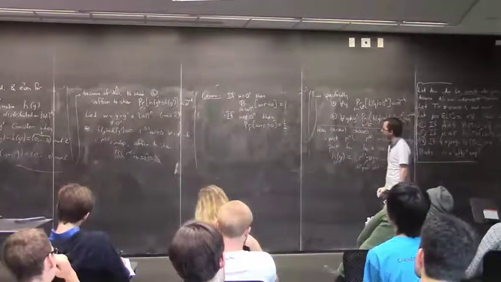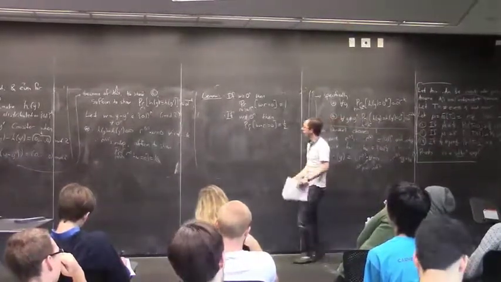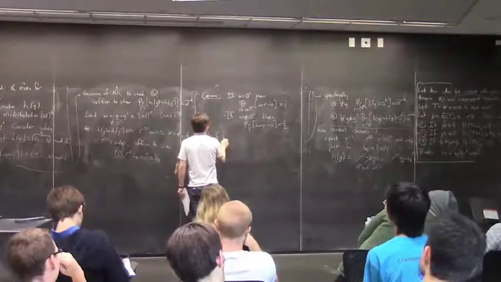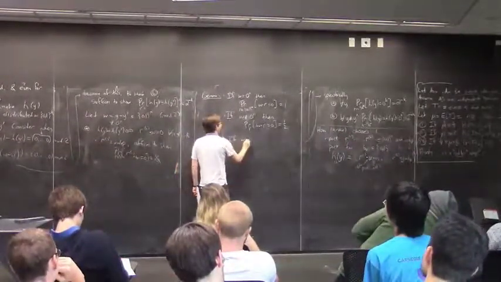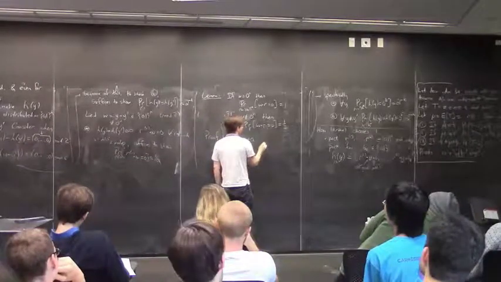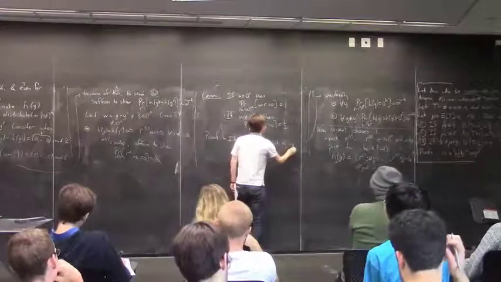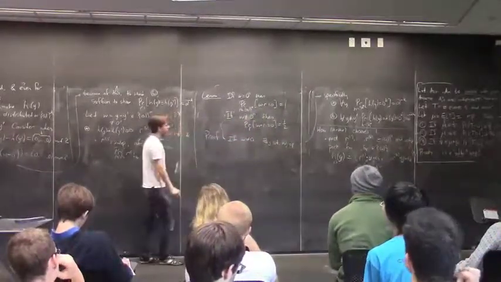And why is that? Well, if w is not 0, it has at least one 1. So there exists some j such that w_j is 1. Never mind about all the other j's.